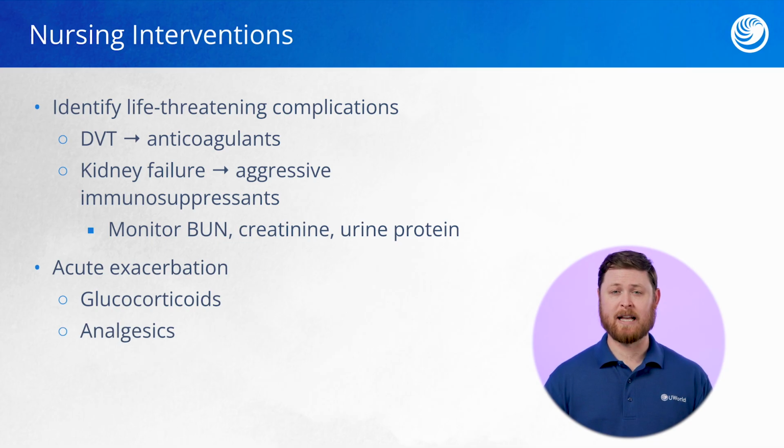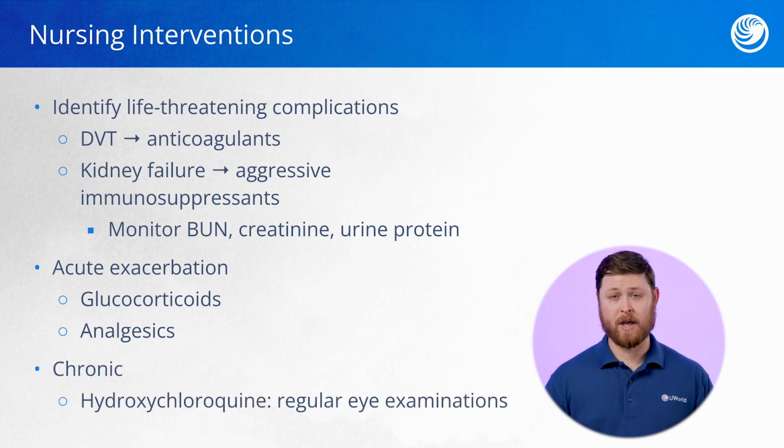Commonly, nonsteroidal anti-inflammatory drugs are given, and oftentimes these are given at bedtime to help reduce pain overnight and improve quality of sleep. For clients who are particularly prone to frequent exacerbations and have chronic symptoms, hydroxychloroquine or other immunomodulator medications can be given to help reduce the immune response.